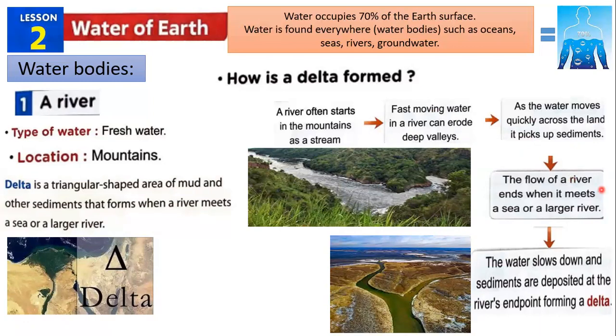So the flow of a river ends, بينتهي فين, when it meets a sea or a large river. So here is the end of the river. So the water slows down. Here the water slows down بتهدي and the sediment is deposited at the river's end point forming a delta.